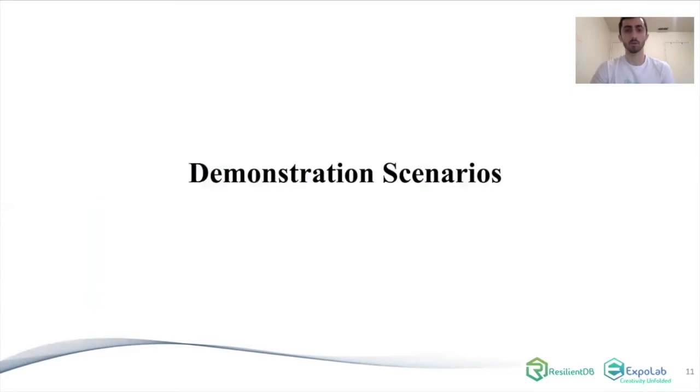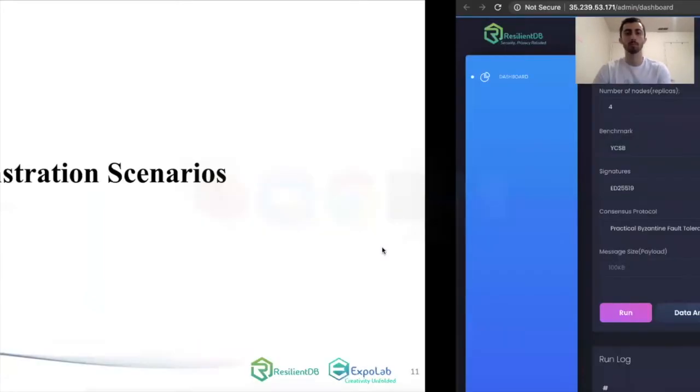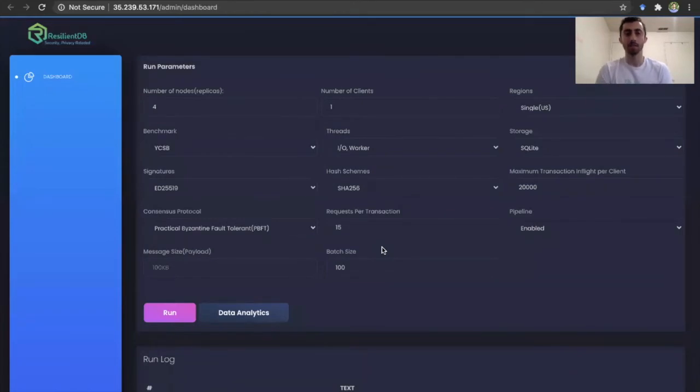Now let's go and see how our system works. As you can see, here is our web interface to run the actual blockchain. There are a couple of parameters that you can change, and there are a couple more that we haven't added to our web interface. For example, the number of nodes, the number of clients, how many regions do you want to use?